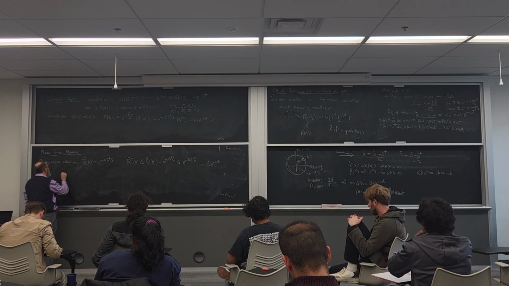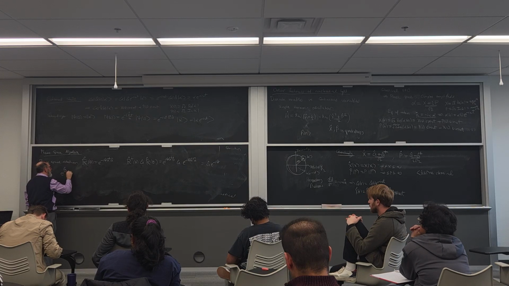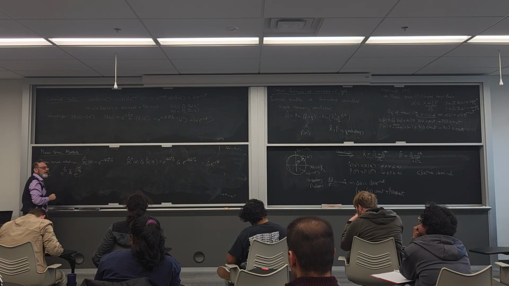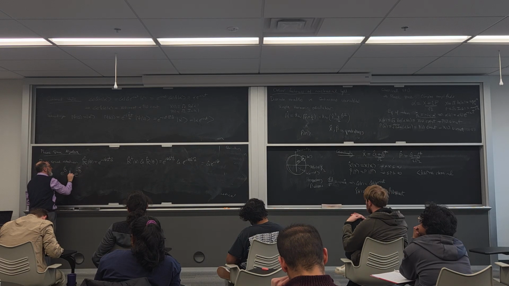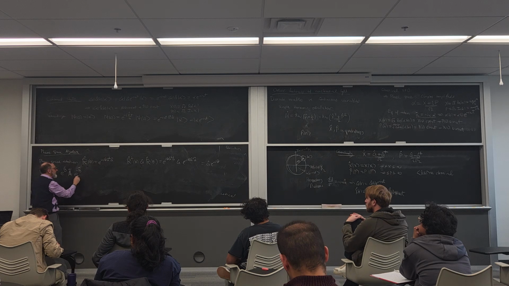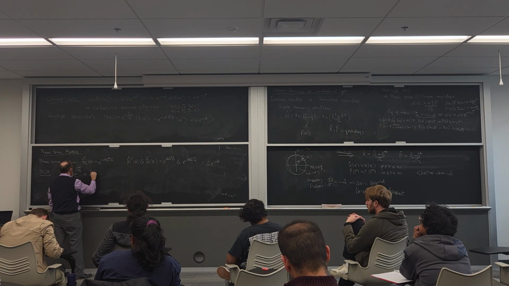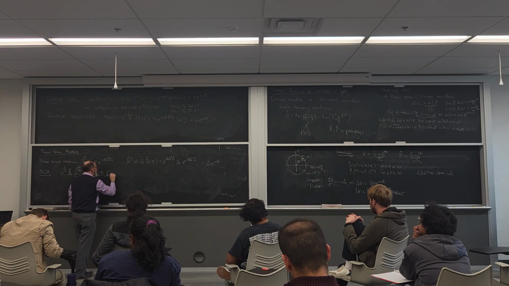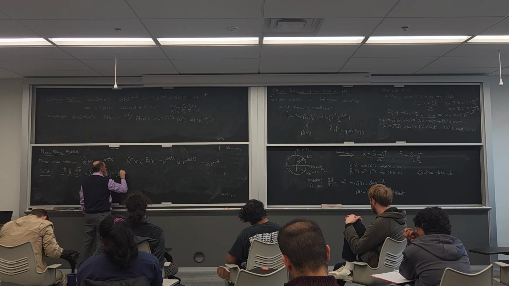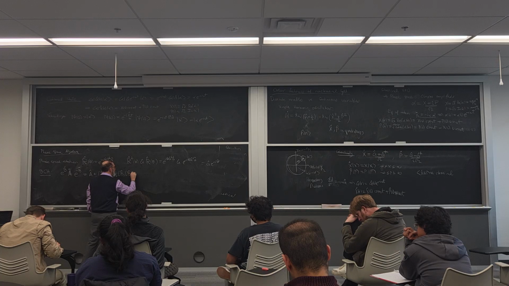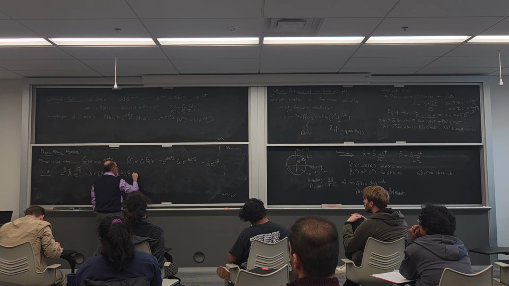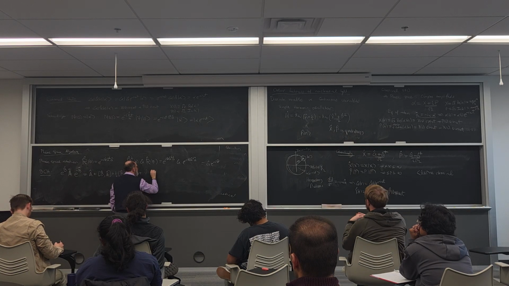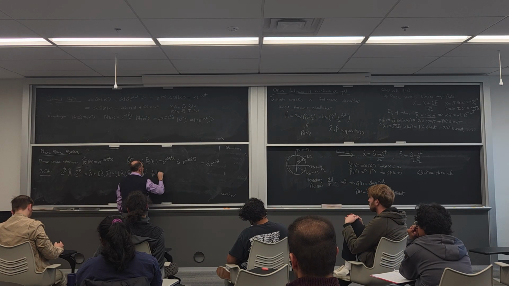So let me look at the following. The BCH theorem says the following. If I look at a similarity transform, of which a unitary transform is one, that similarity transformation is equal to A plus the commutator of B with A, plus a half the commutator of B with the commutator of B with A, plus dot dot dot, 1 over n factorial the nth commutator.